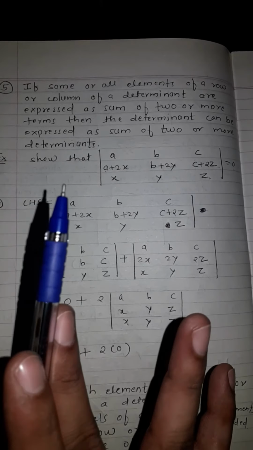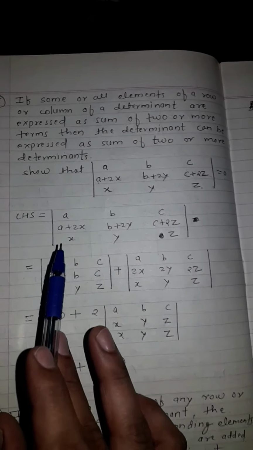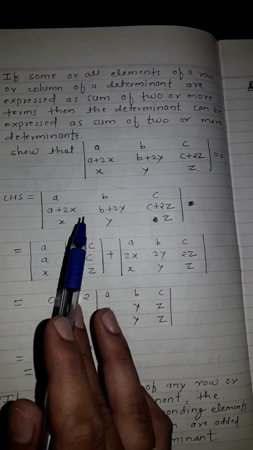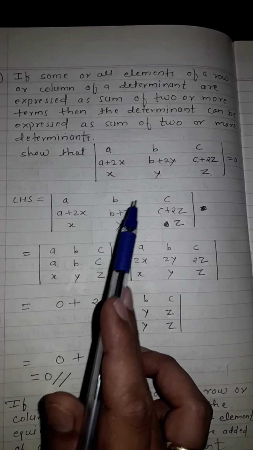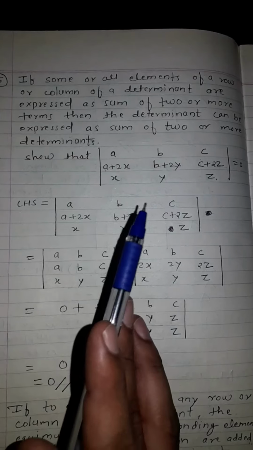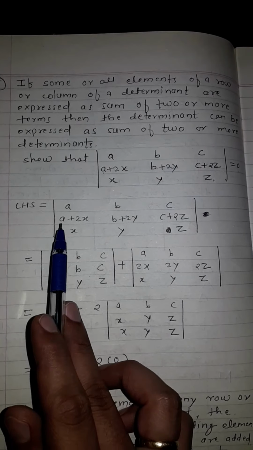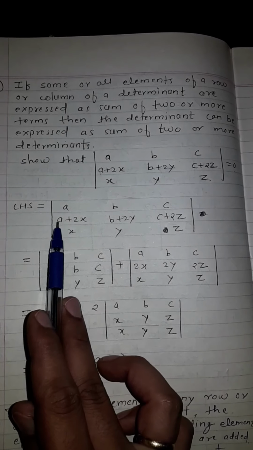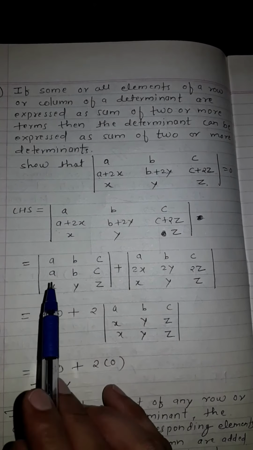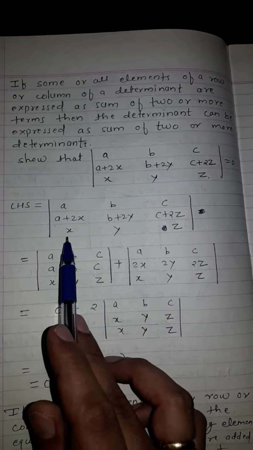So see here, whatever single terms are present in the other rows, you have to keep as it is, that A, B, C we have kept A, B, C. But now see this sum of two terms, A plus 2x. From this you can take only the first term, that is A, from this first term B, from this first term C, third row as it is.